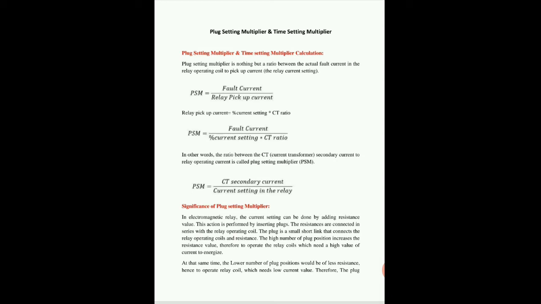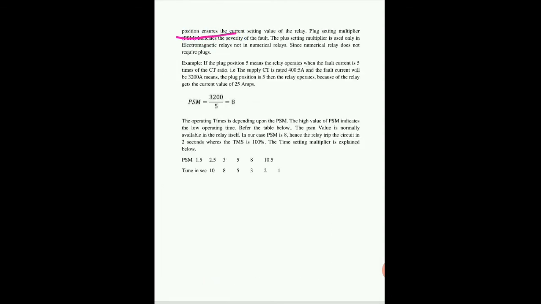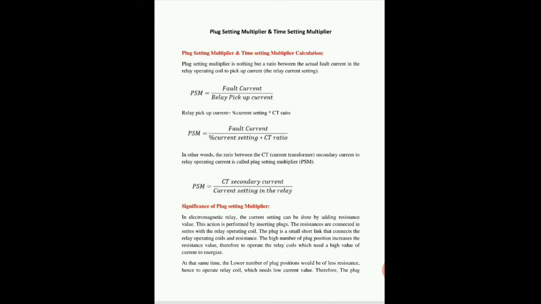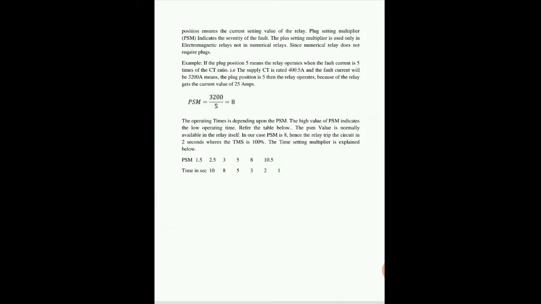At the same time, a lower number of plug positions means less resistance, so to operate the relay coil we need a low current value. Therefore, the plug positions ensure the current setting value of the relay.